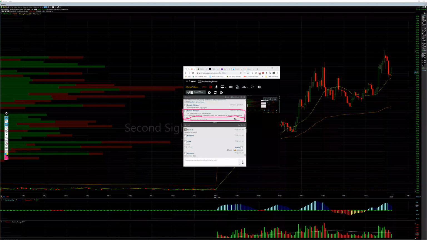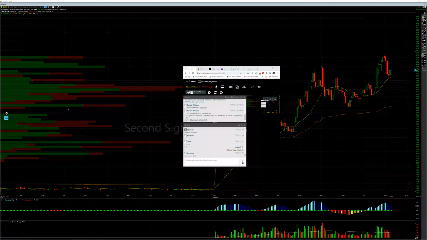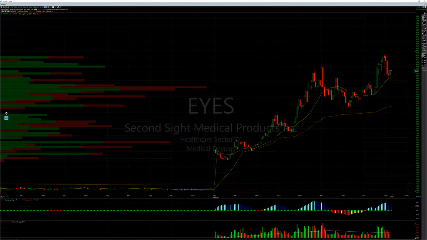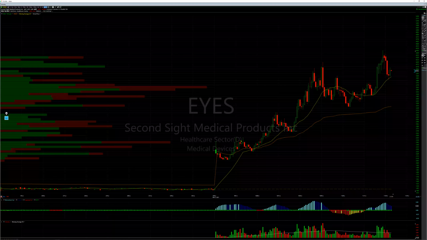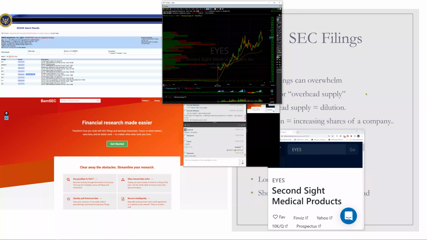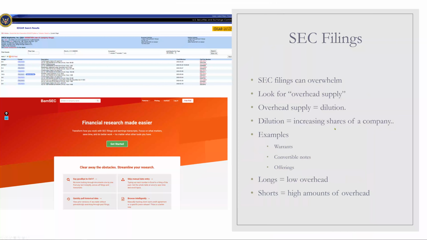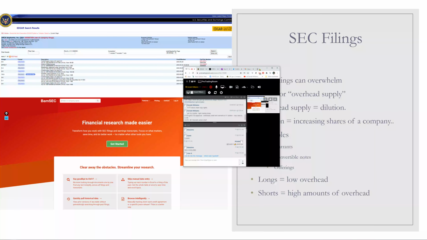No shelf, right? So max raise is 3 mil. Because they are under baby shelf, the max that they can raise right now is $3 million. And we'll go through how to figure all that out later. So as of now, EYES, there is absolutely no worry of overhead. Okay. So does everybody understand that? Because that's key.